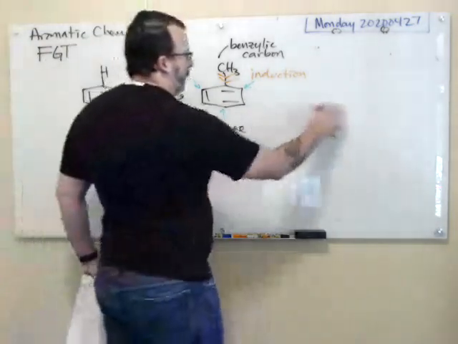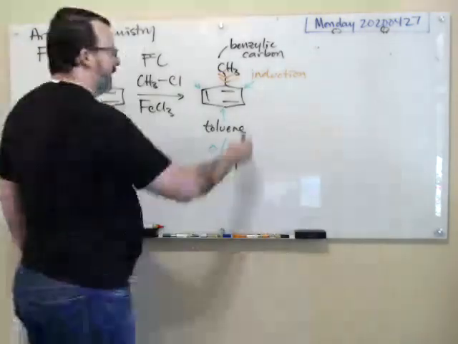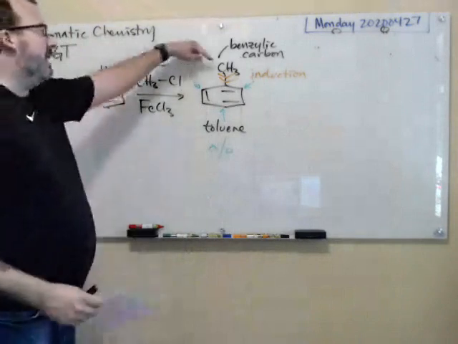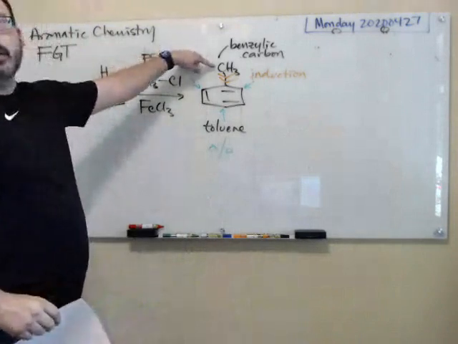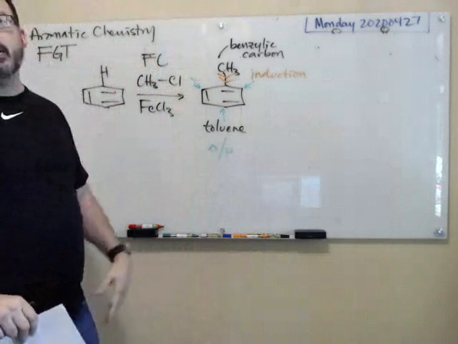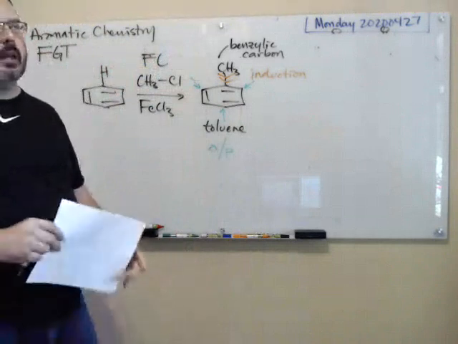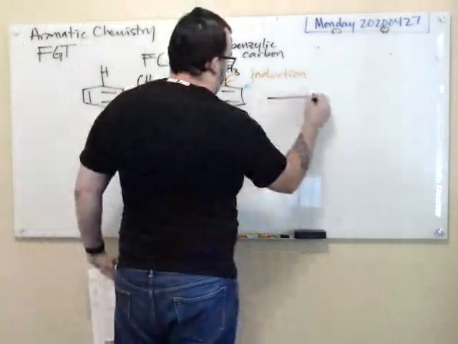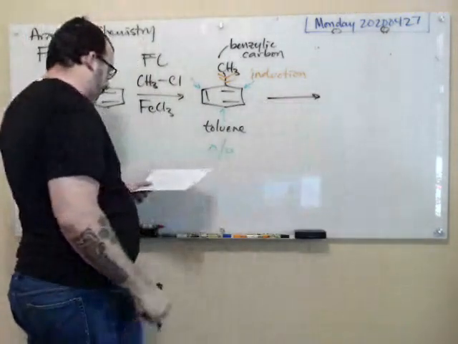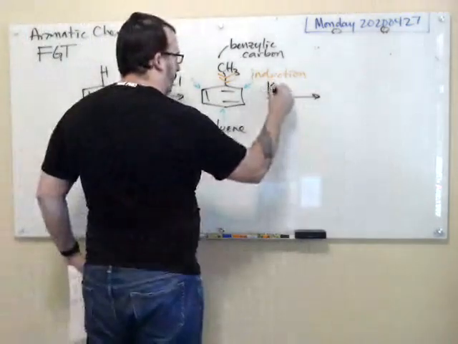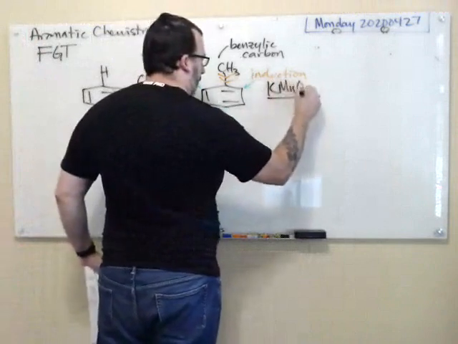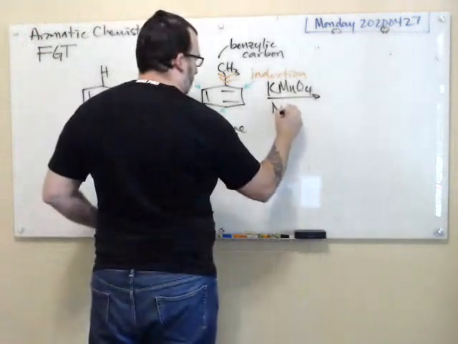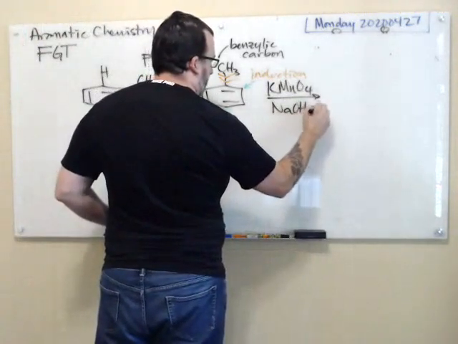This next reaction we're going to show, notice these ortho-para locations. We're going to change this carbon's oxidation state so that we flip it to be an electron withdrawing group and therefore a meta-director. So the conditions to do that are potassium permanganate, sodium hydroxide, and heat.